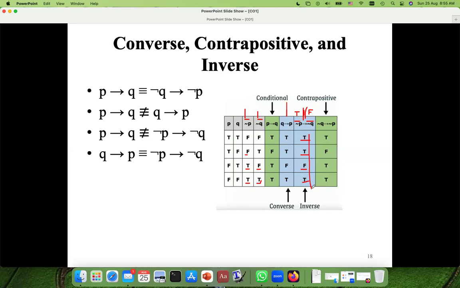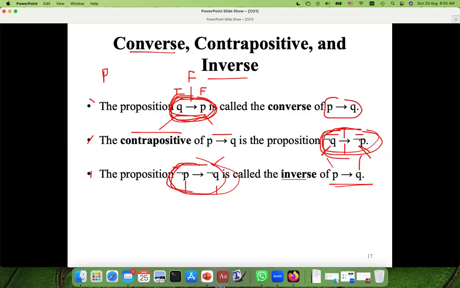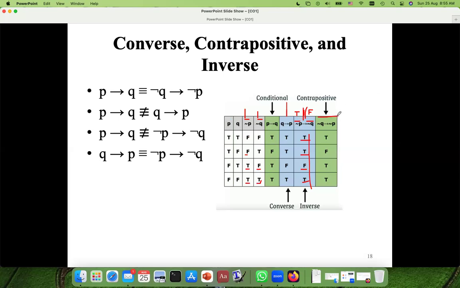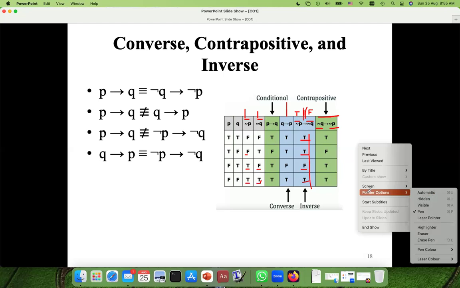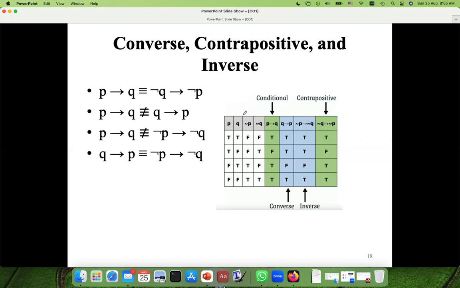Now, what is left? This one is left: negation Q implies negation P. Have a look over here: negation Q on the left side, negation P on the right side. We have these columns already, and from these columns we can find it. Now negation Q is the first column and this is the second column according to this expression.